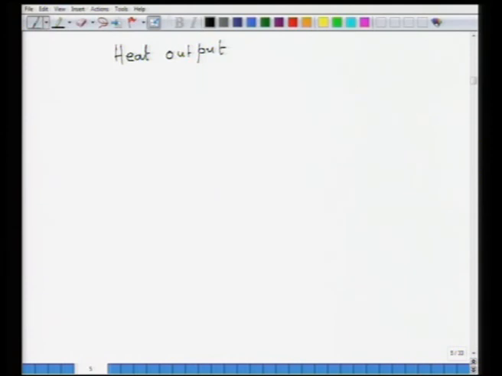Now, we can write down the heat output. Heat output consists of several items, for example, FeO, CaO, heat of formation and so on. So, I will write down all the things for you.